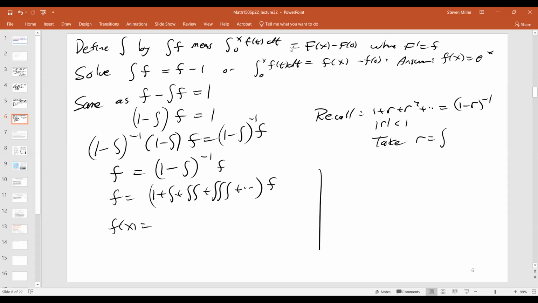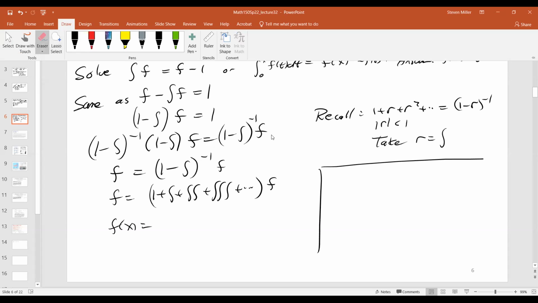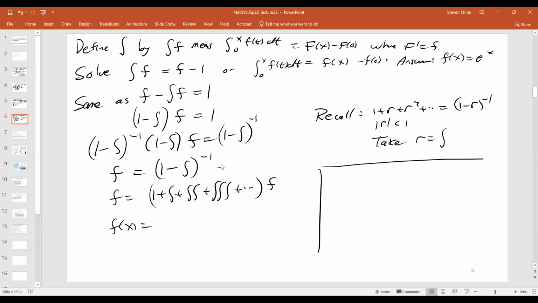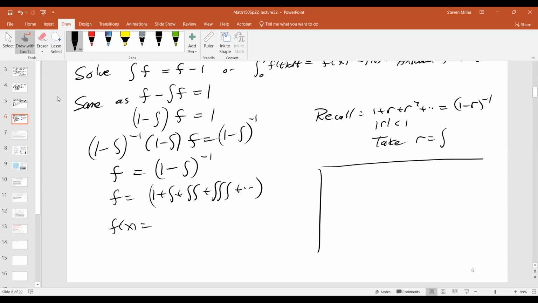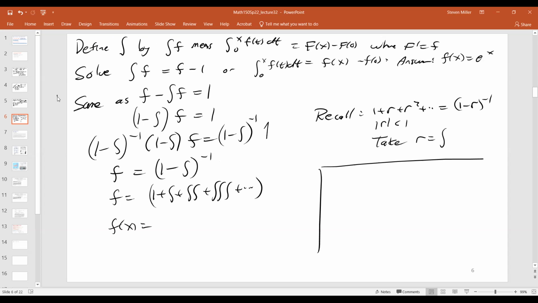So let's do it piece by piece. Oh, I'm sorry, it's not acting on f. This is a typo. It should be 1. Fortunately, they can easily be fixed. All right, 1 acting on 1 is just 1.